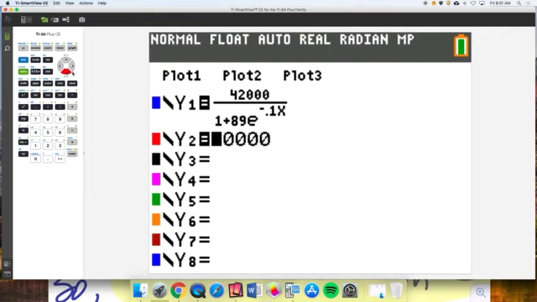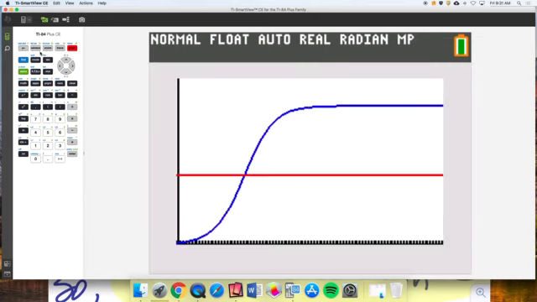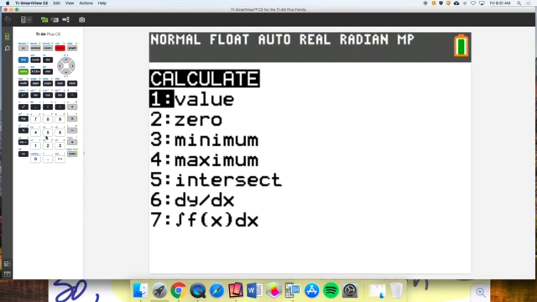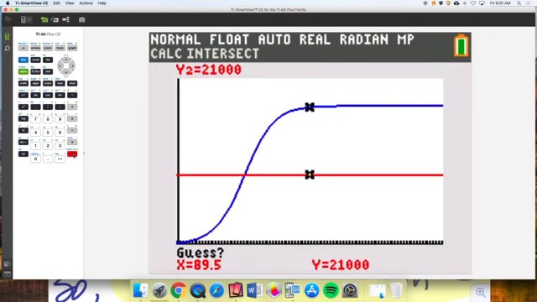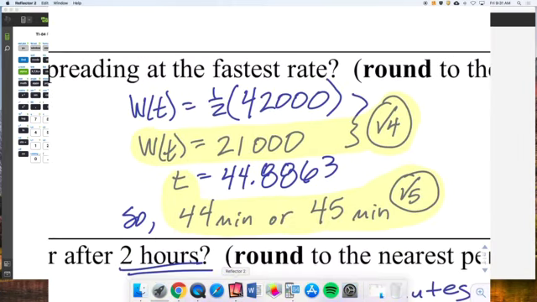So in Y2, just type that in, 21000. Second trace, number 5. Enter, enter, enter. And we get 44.886. So you could have put T equals 44 minutes or T equals 45 minutes. That was the 5th check.